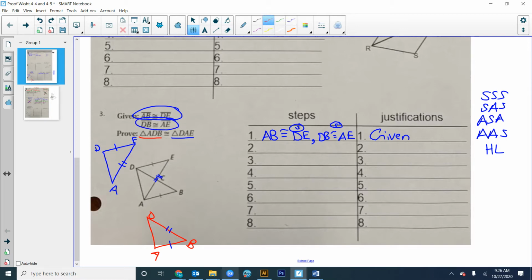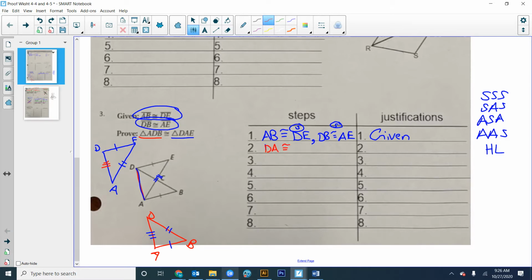Well, oh look, DA in this triangle is overlapping with AD in that triangle. Overlap, shared side, reflexive property. So is it DA AD or is it DA DA?